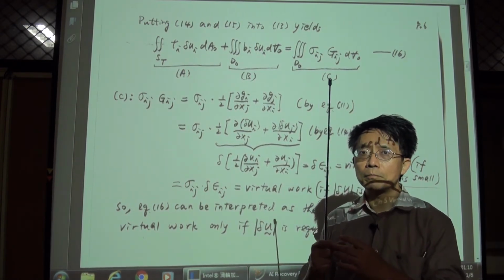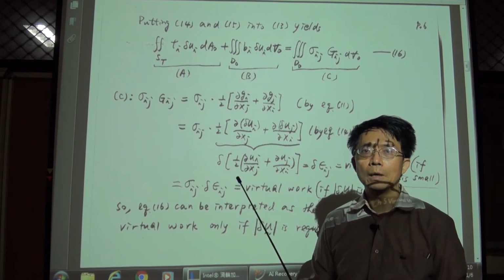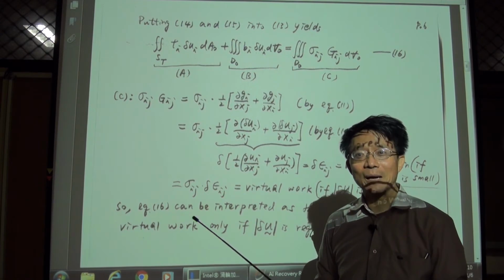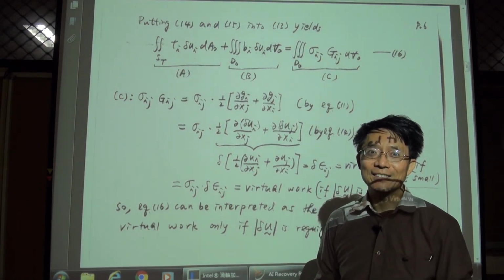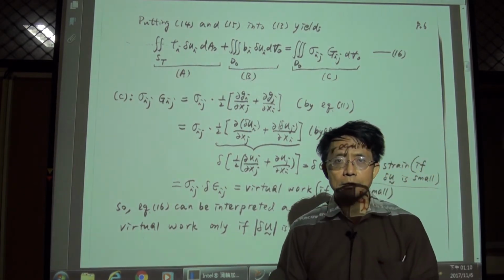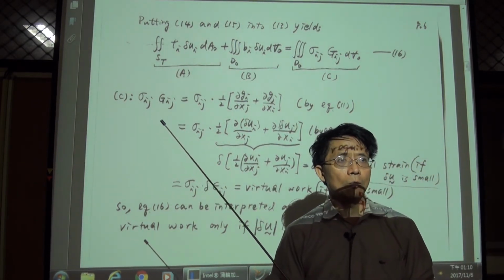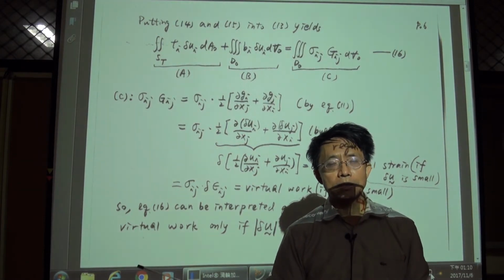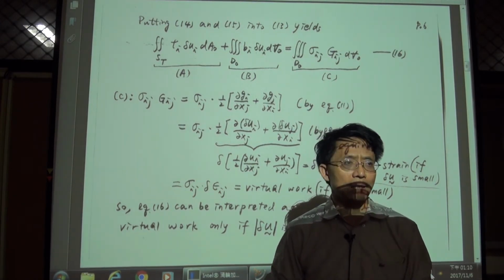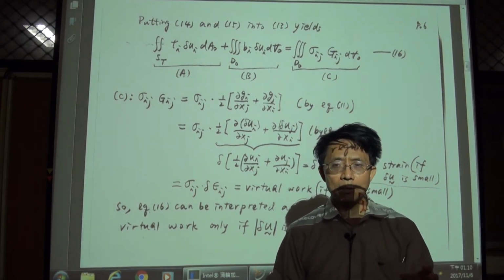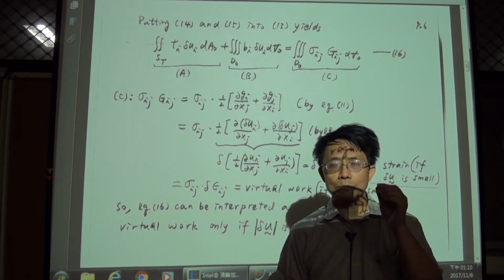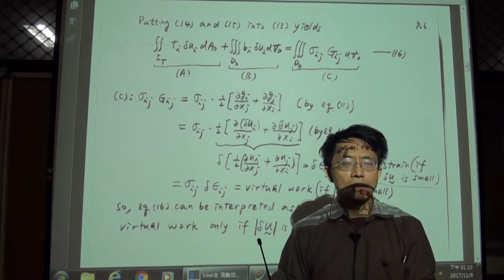So if the virtual work principle is formulated for rigid bodies, then the virtual displacement can be very large. So be very careful about this point. Don't be confused by the statements in the textbooks. Some textbooks say that the virtual displacement can be very large, and some say that because it's virtual, it must be very small.